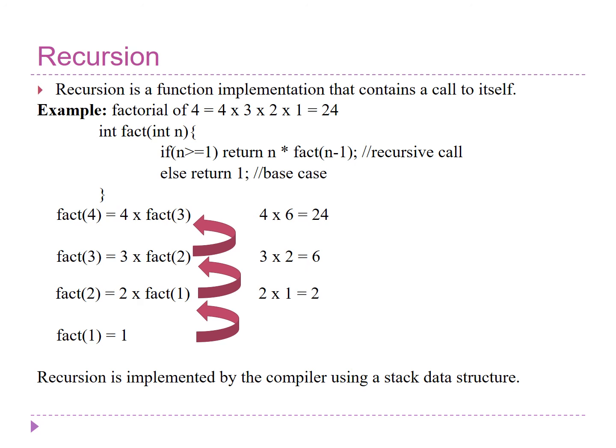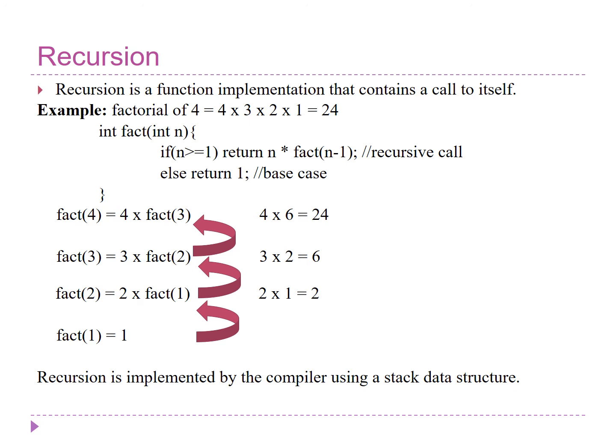So, to find a factorial of 4, a call to fact of 4 will be 4 greater than 1, hence the statement implementation will be 4 multiplied by fact of 3.